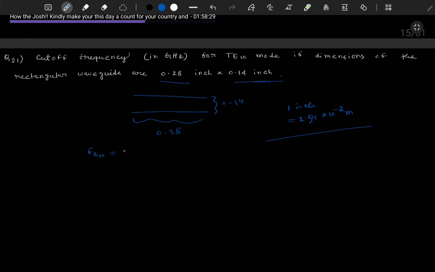Fc10 equal to, sorry, not 10, it is 10. Because we are calculating TE10 mode, it is fc equal to c by 2 into square root of m by a whole square plus n by b whole square, and here m equal to 1, n equal to 0. So c by 2 into 1 by a.